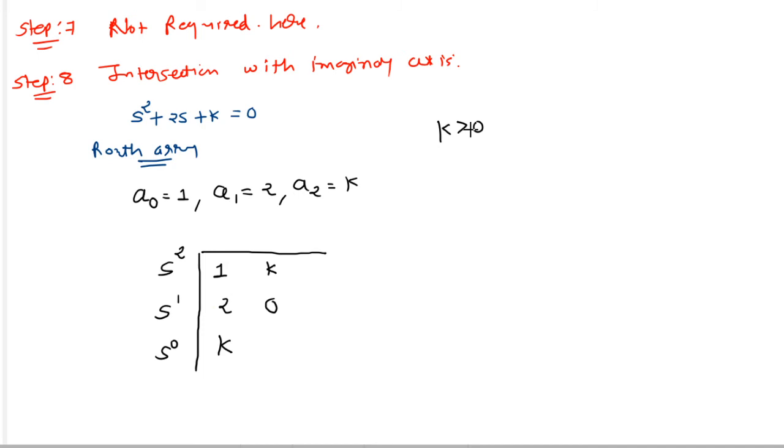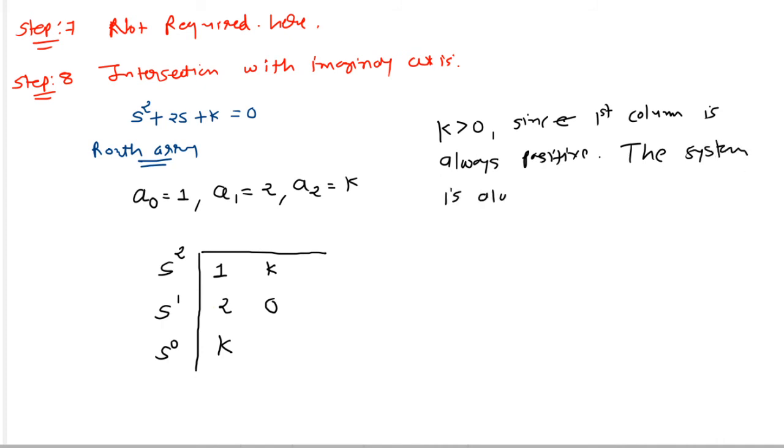Okay, we know that k is greater than 0, since the first column is always positive. Since the first column is always positive, the system is always stable and will not intersect the imaginary axis.